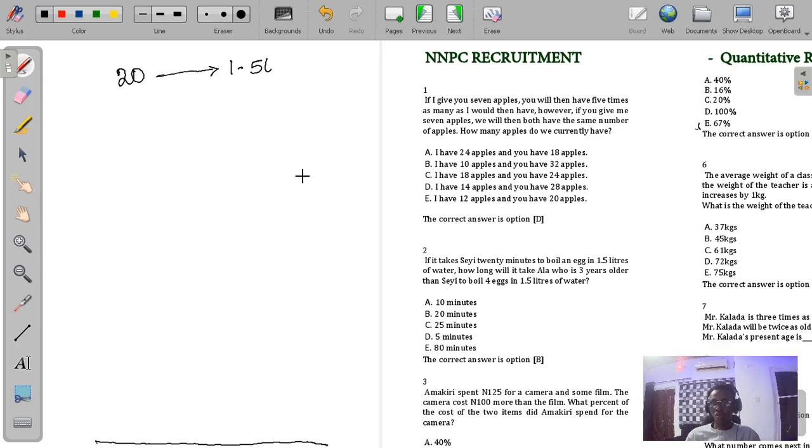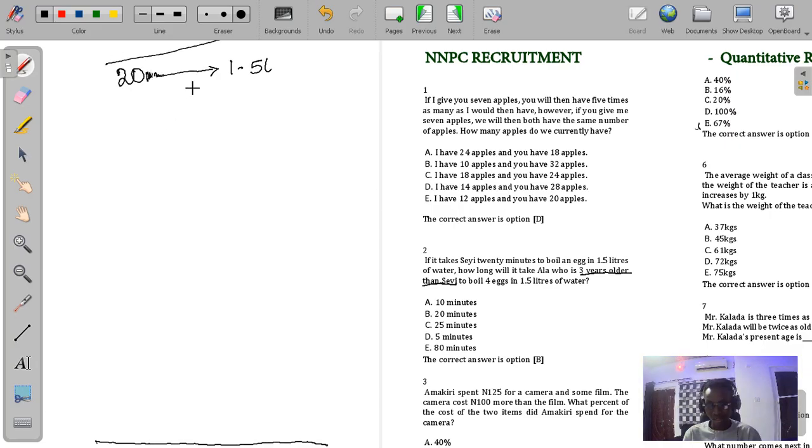How long will it take Allah, who is 3 years older than Shay? So, trivially speaking, this statement here is useless. I didn't even need it. All right. What I need is, since I have 20 minutes to boil an egg in 1.5 liters of water, right? So I need a corresponding statement with this.